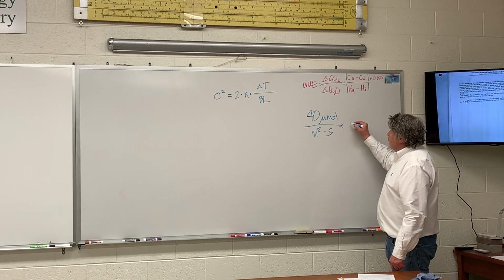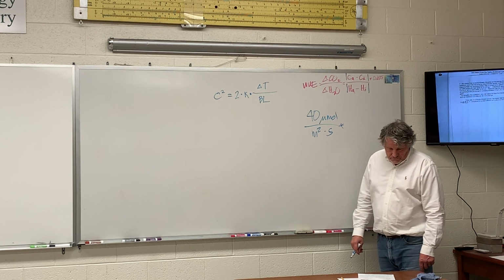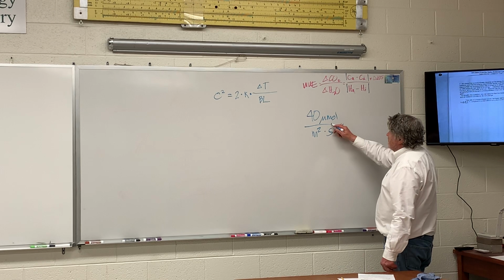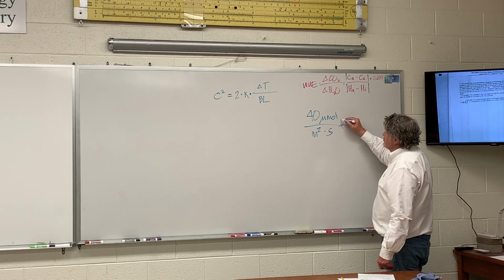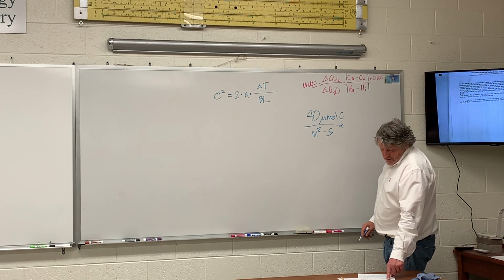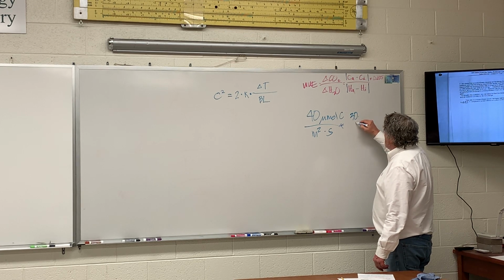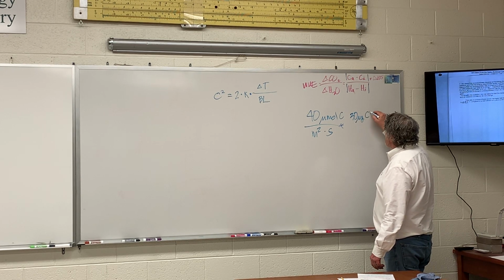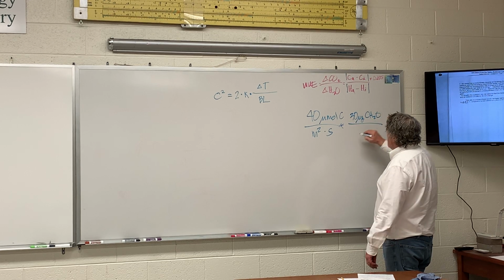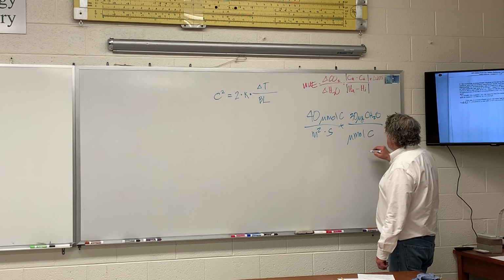This micromoles we multiply by the energy in a mole of carbon. This is micromoles of carbon per meter squared per second. And there's 30 micrograms of CH2O per micromole of carbon.